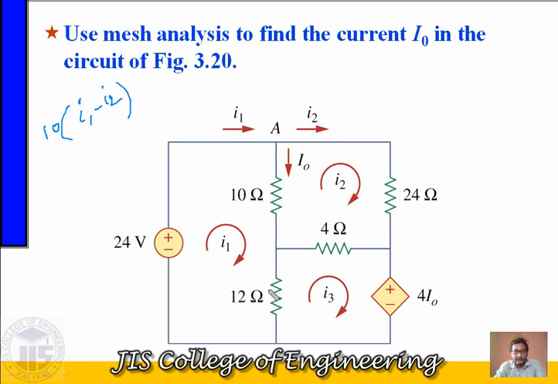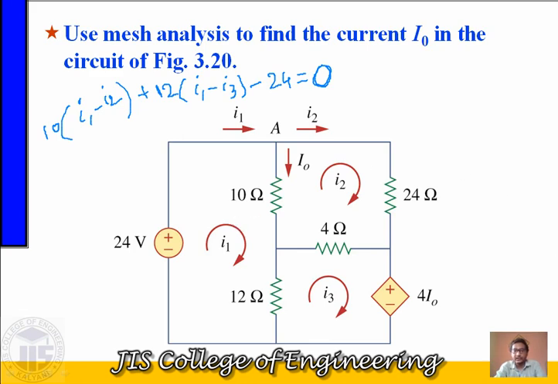Then this resistance is 12 ohm, so plus 12 times (I1 minus I3), since I1 is up to down and I3 is down to up. Then the I1 loop current is going to the negative terminal of this source, so it will be minus 24, equal to 0. That is what we can write for our first mesh.